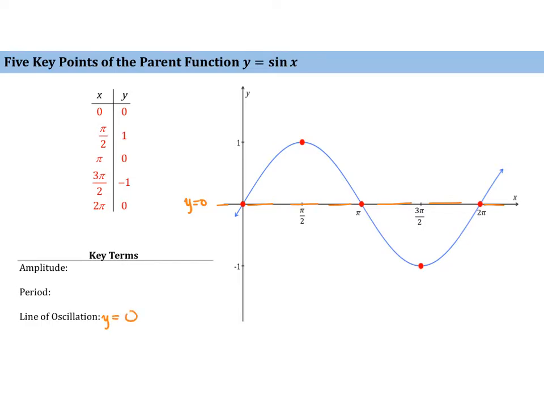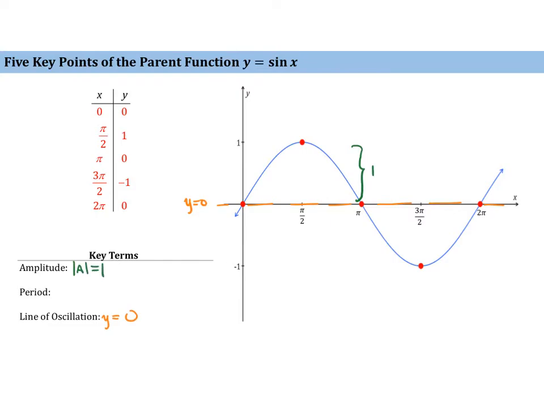And the distance that we deviate from that line of oscillation is the amplitude. And so the amplitude, we call it the absolute value of A. That is 1.